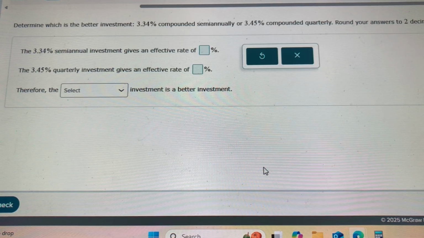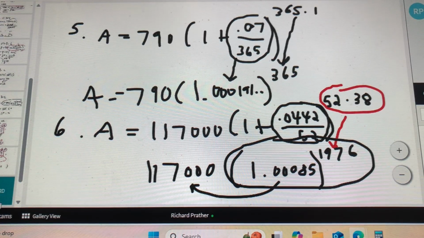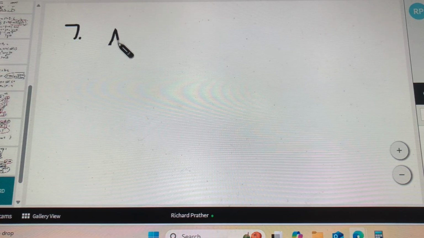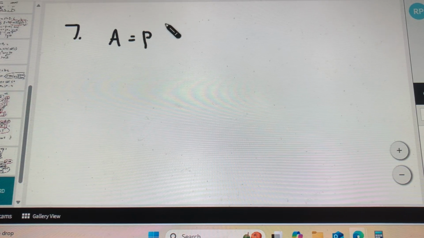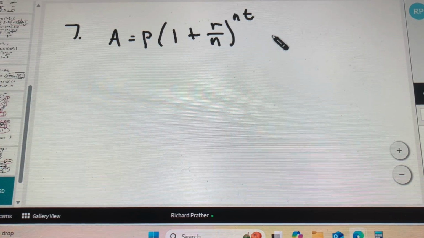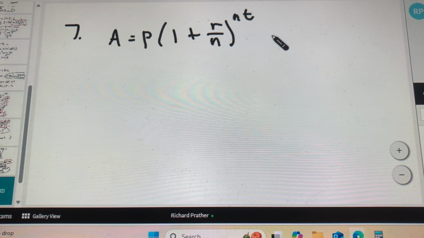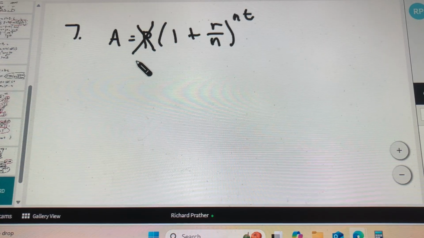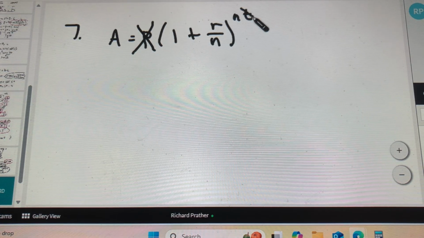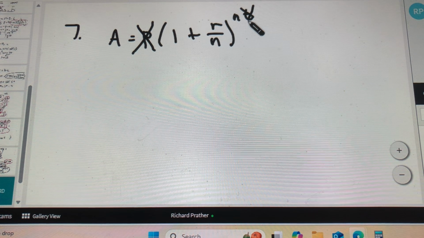Okay, so there's this thing called effective rate, where when you take the main formula, if you're just comparing rates to each other, we get rid of the dollar amount, because the dollar amount, whatever it is, is going to affect it the same way. So the dollar amount doesn't matter. The T doesn't matter because they always do it based on exactly 1 year.